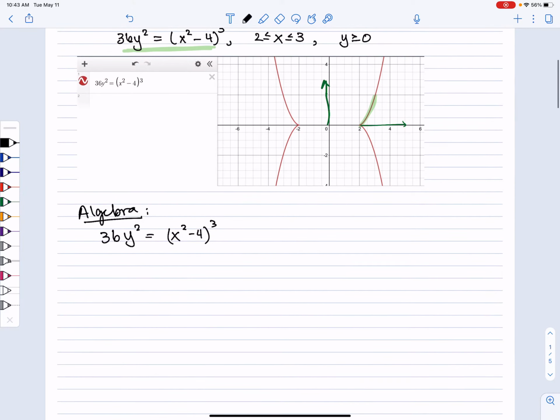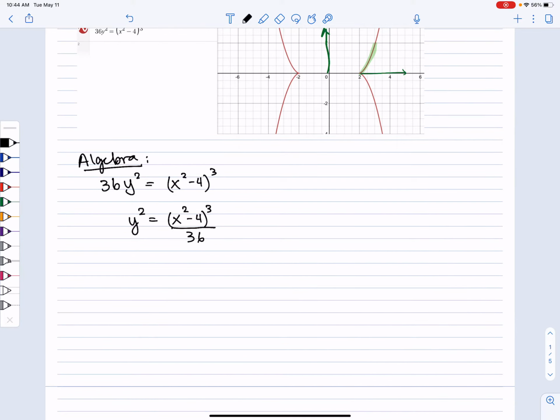If we solve for y, we have y squared is equal to (x squared minus 4) to the third power over 36. So we have y is equal to plus or minus the square root of (x squared minus 4) to the third power over 36 inside the radical.